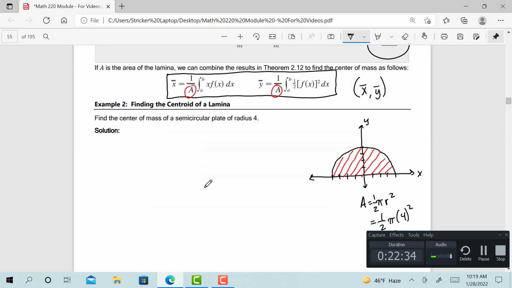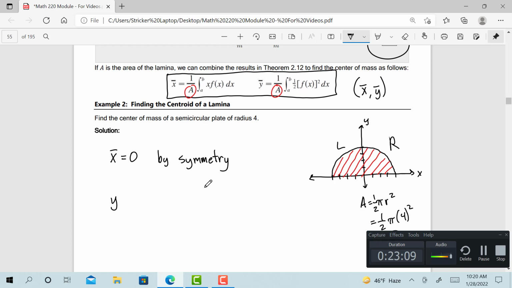Since the mass is distributed evenly, we know that in the x direction, it's going to balance perfectly because there's an equal amount of mass on the left side as there is on the right side. So we know it's going to balance somewhere along this y-axis, which means we can say that x bar is equal to 0 by symmetry. Now you could go through and use the formula above to find x bar, but we don't need to. Whenever symmetry is on your side, go ahead and use it to your advantage.